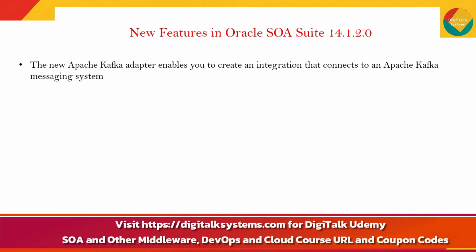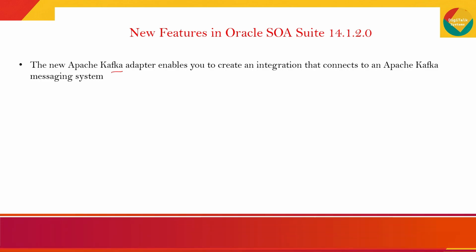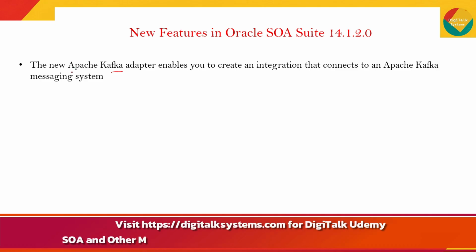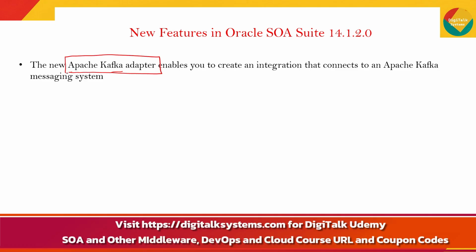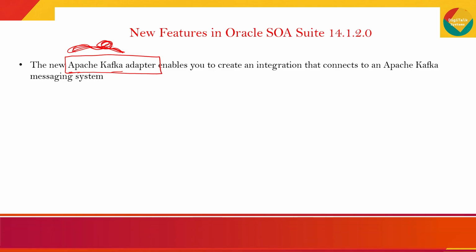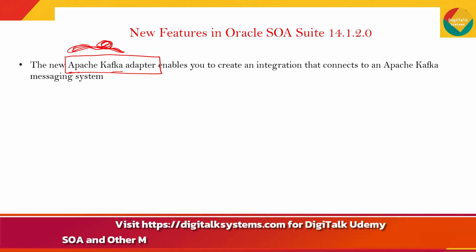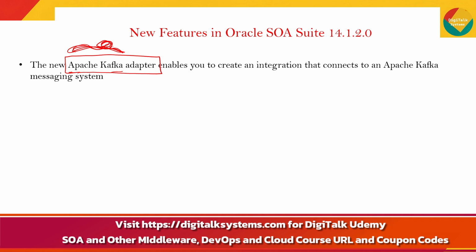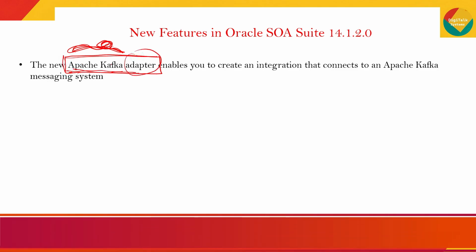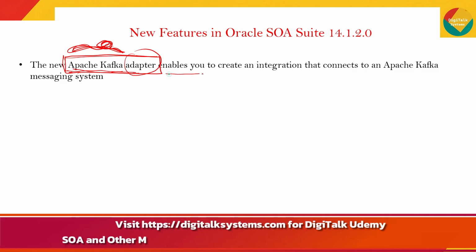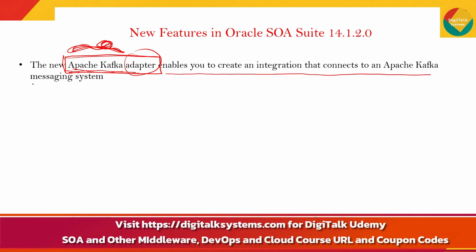So these are all things that I am going to explain in this session. The very first and important feature released in 14.1.2 is that SOA Suite now has an integration with the Apache Kafka adapter. Apache Kafka is an external, open source messaging system that you can use for asynchronous communication. If you have a client or an application that is utilizing Apache Kafka, the adapter has now been released in 14.1.2, which enables you to create an integration that connects to the Apache Kafka messaging system.